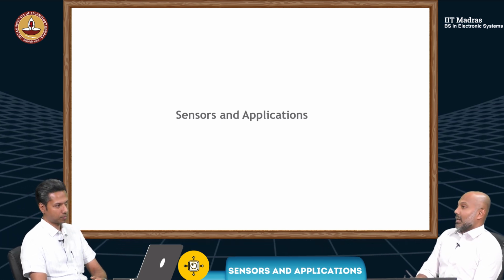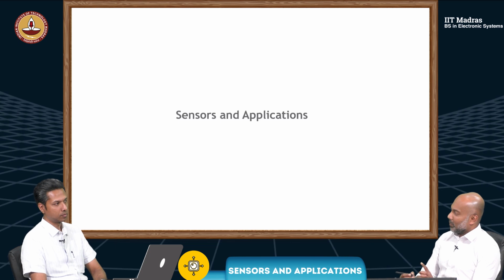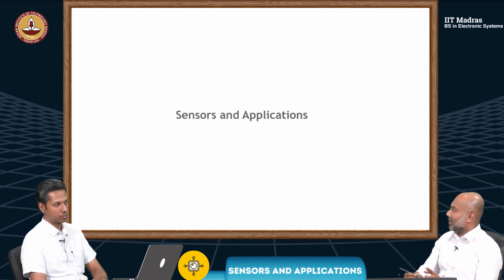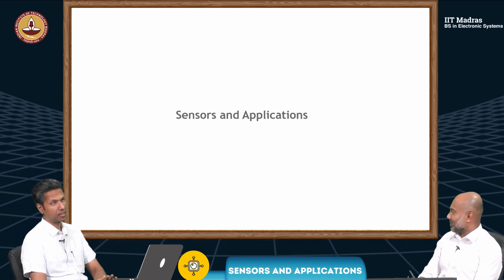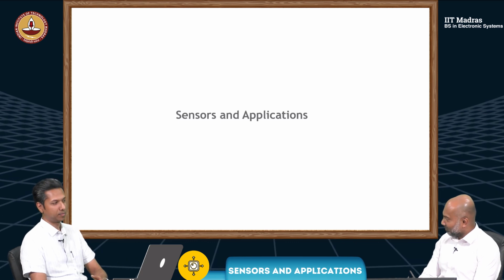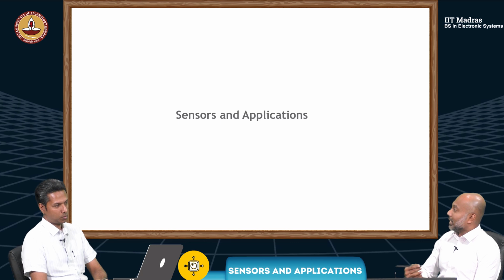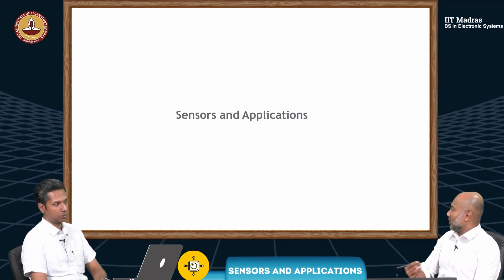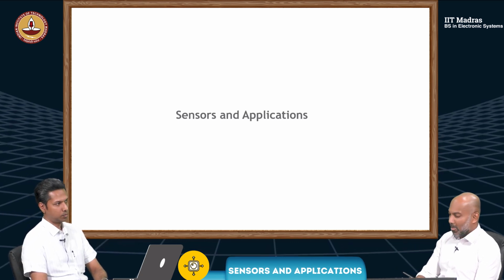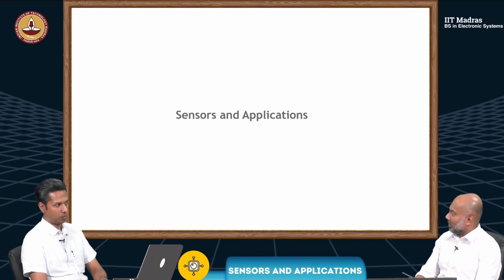One of those sensors had a very wide range, the search coil, and it was used in a lot of applications. So today, we'll discuss that.